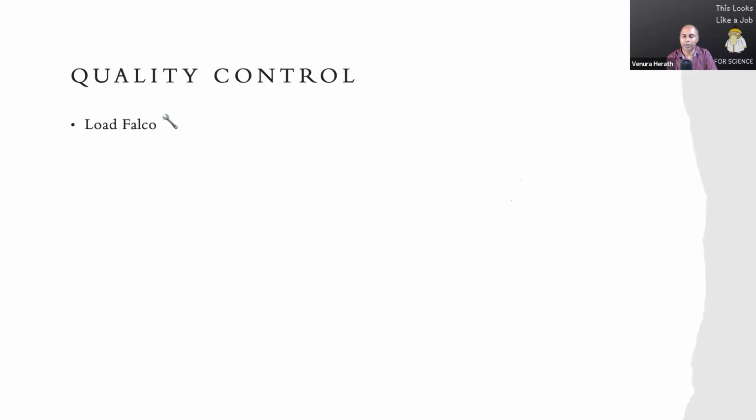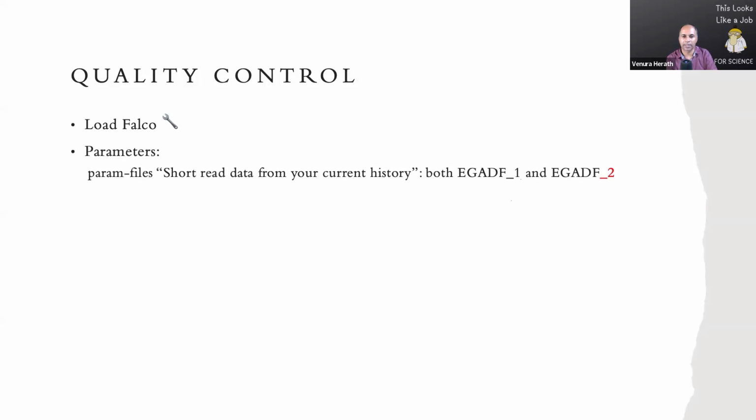So please go ahead and load the Falco tool. You can use the parameters, and remember it will be different from last time. This is what we did last time. Now you have a data set of pairs, so accordingly you can select both sequences at the same time. So go ahead and load both sequences to Falco.